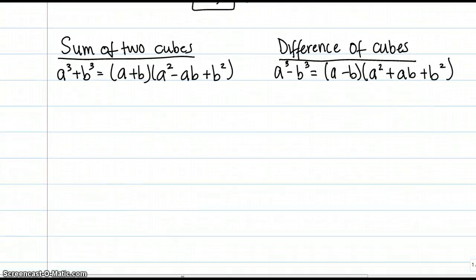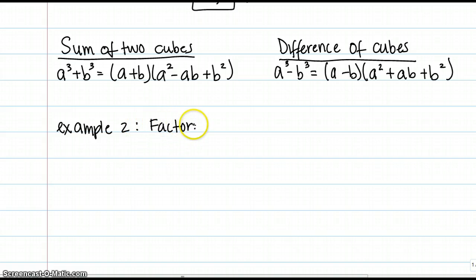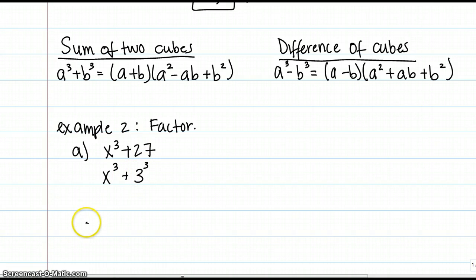So I'm going to go ahead and take you through a few. So, example 2, I just want us to factor. So letter A, let's say, is x to the third plus 27. Well, it might not look exactly like this original formula, but we can change that. I know that 27 is the same as 3 cubed, so I can rewrite that as x cubed plus 3 cubed, which does make it look a lot more like that original sum of two cubes formula.